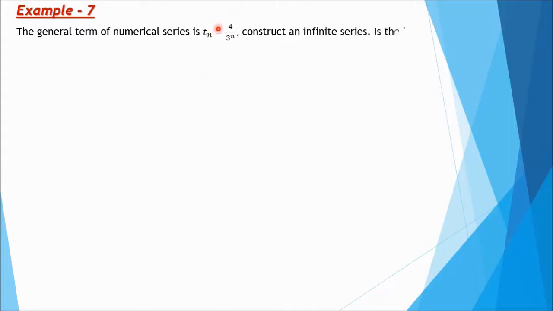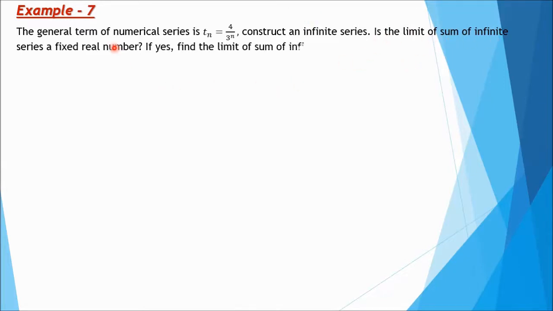We need to construct a series. To construct a series, we just have to find 5 or 6 terms, and we can easily construct it. Is the limit of the sum of the infinite series a fixed real number? We have to check it. By the same process, we have to find the common ratio. If it is less than 1, then we can find a fixed real number. Let's see the solution.